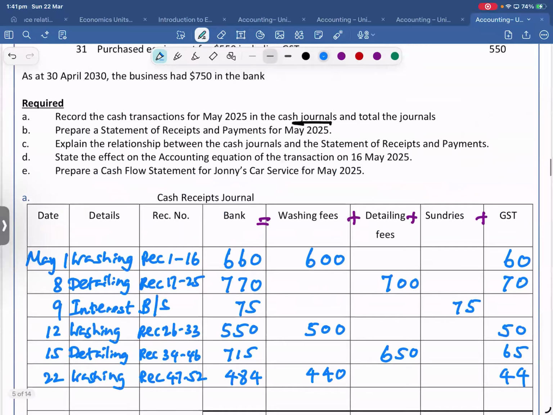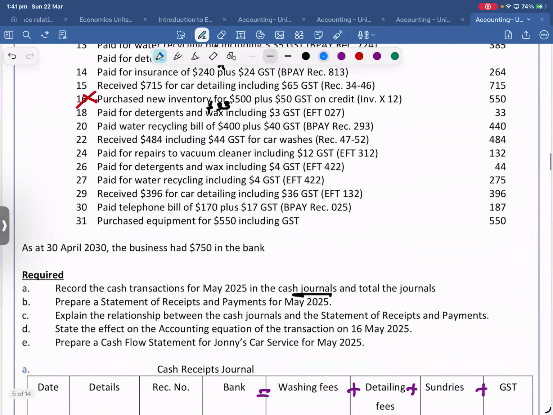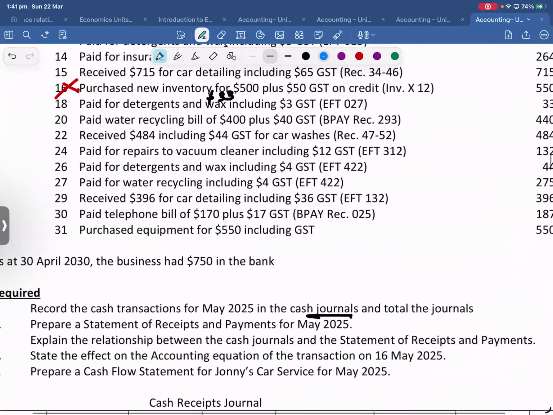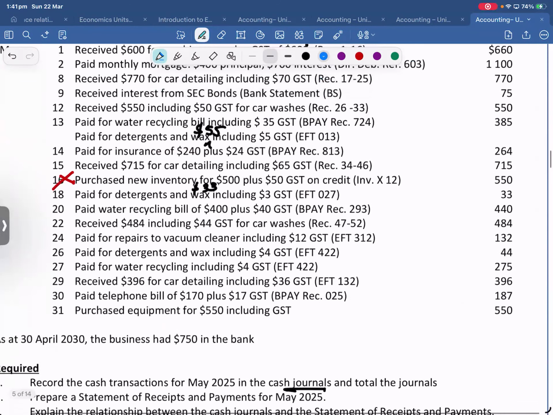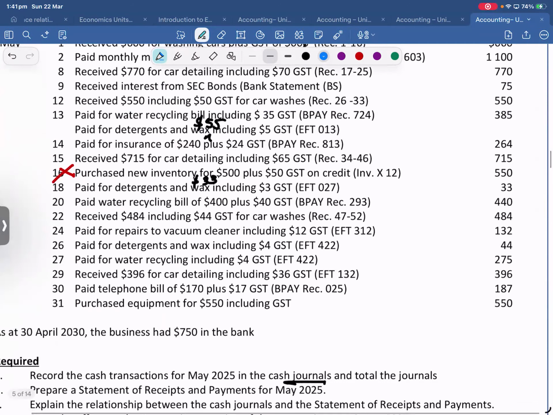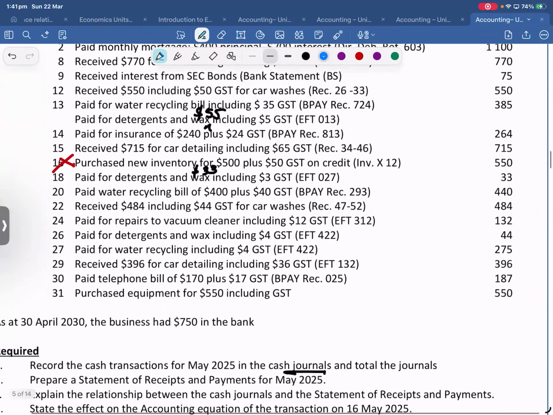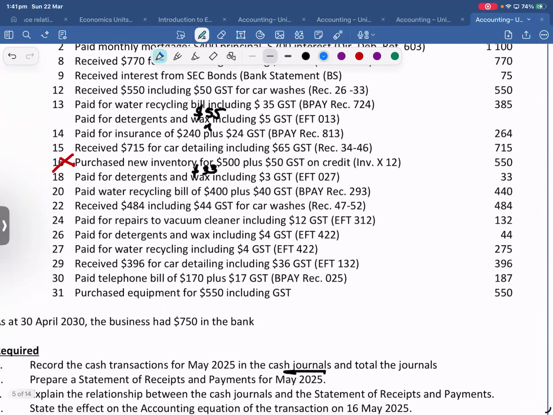Right. Next one. Cash payments, paid for repairs to vacuum cleaner, including 12 GST, right? Including 12 GST. So 132 altogether, right?